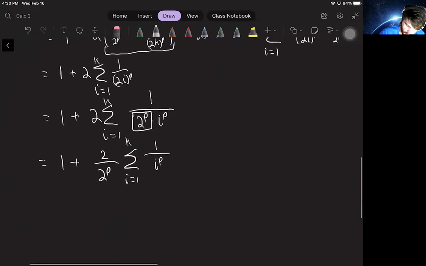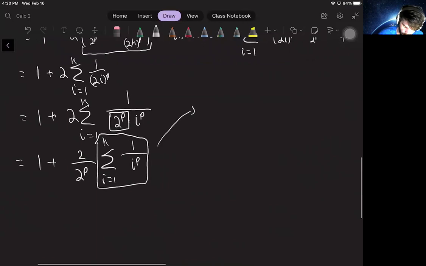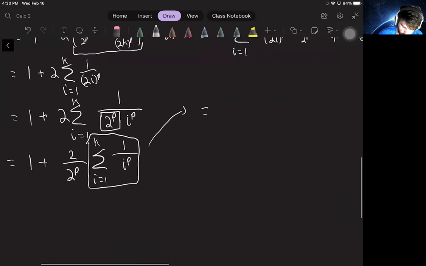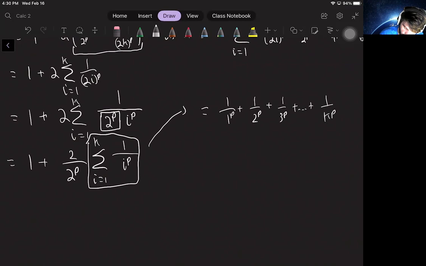But again, this sum is really something familiar, just with different letters. So if I write it out, it's just 1 over 1 to the p plus 1 over 2 to the p plus 1 over 3 to the p, all the way up to 1 over k to the p. That's really just Sk. That's a partial sum up to k. I've just changed the letters.